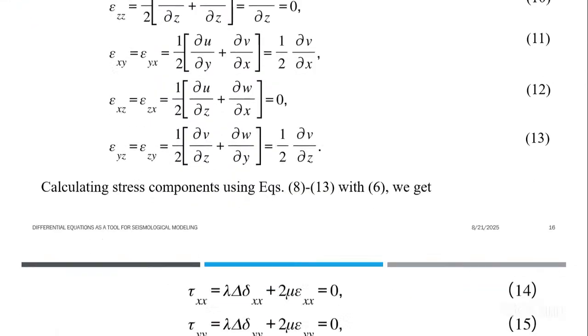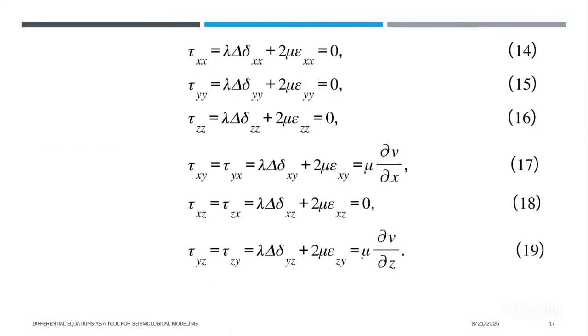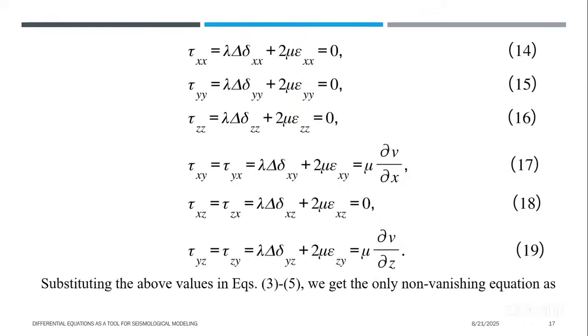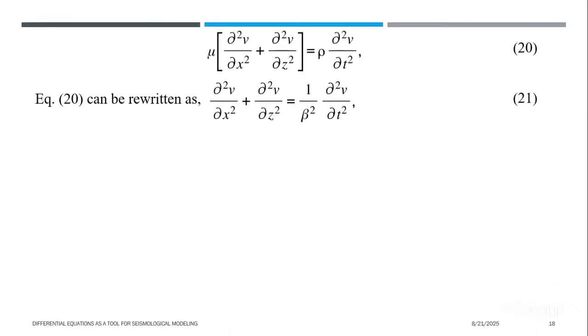Now substituting, we'll be able to calculate those stresses. We find that not all stresses are 0. There are some which are non-zero. And if we substitute in those component form equations, then finally we'll be able to get equation number 20. So finally we have got a linear partial differential equation.